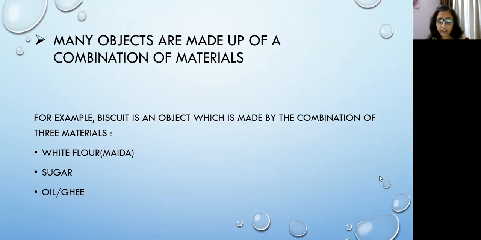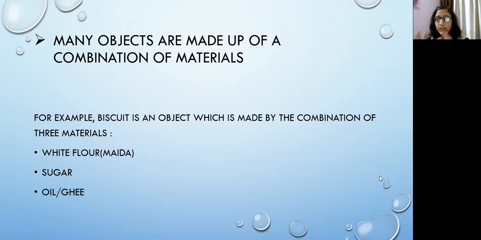Fine. For example, biscuit is an object which is made by the combination of three materials: white flour, that is maida, sugar, oil or ghee. Now here they are talking about a few objects which are made up of various materials.